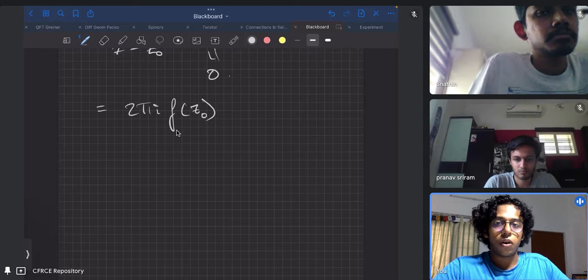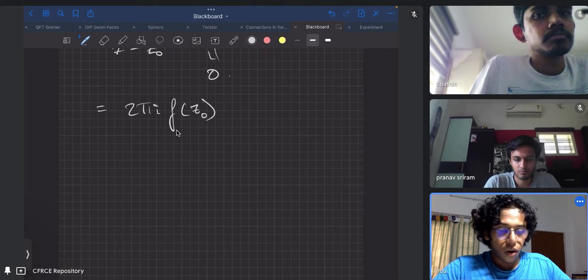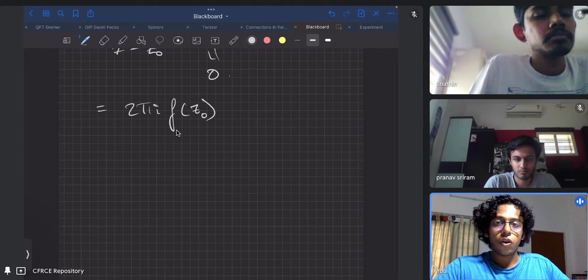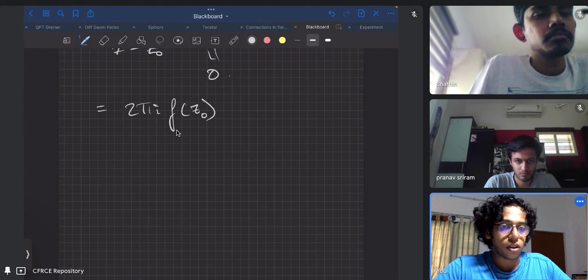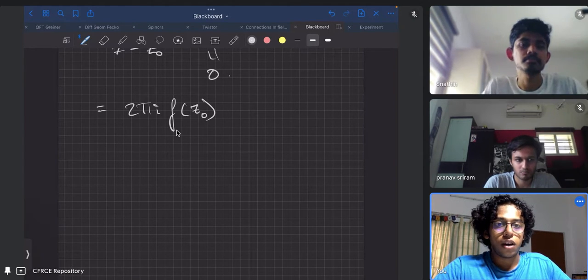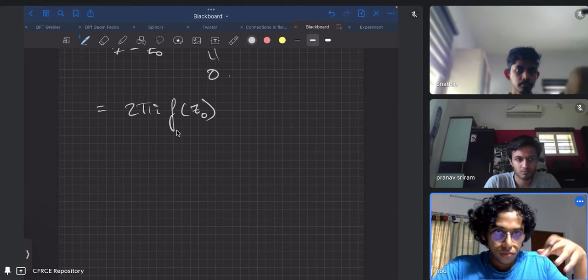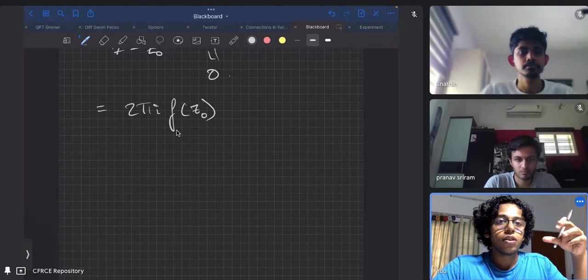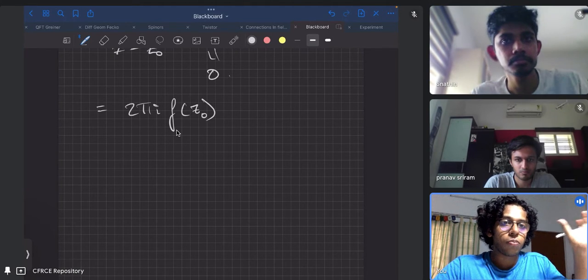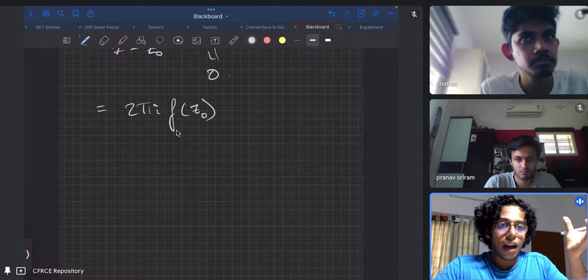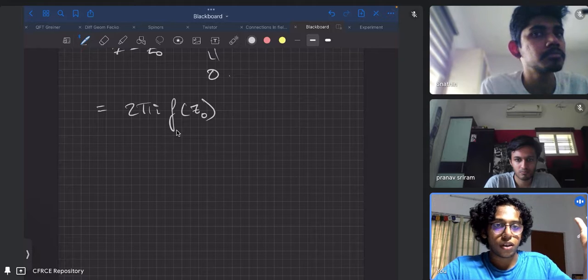So again, what we can ask is: is z naught within the contour, or is it outside the contour? It doesn't have to be necessary that z naught is within the contour. z naught can be any random pole of the function, and you can have it outside the contour.